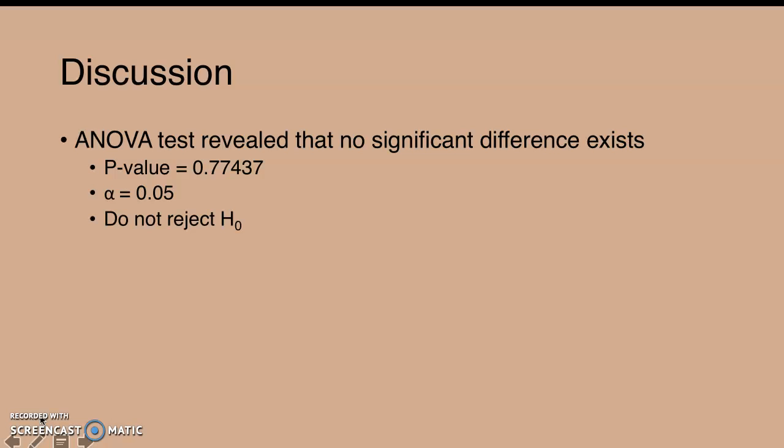The p-value was much higher than the alpha I used. I used that standard alpha of 0.05, so we're working with 95% here. So based on the data that I had available to me, I had to make the decision not to reject the null hypothesis.